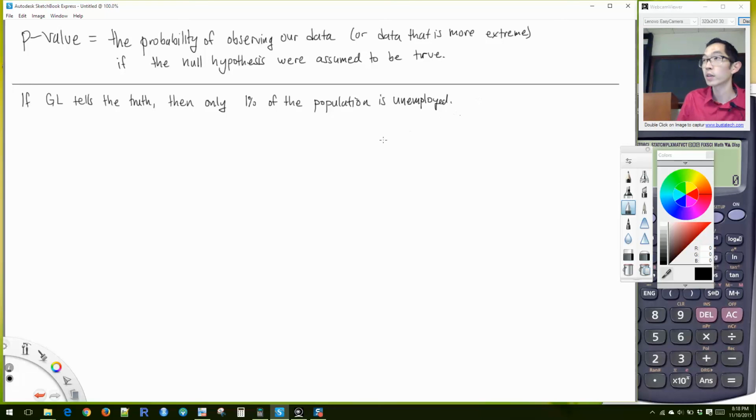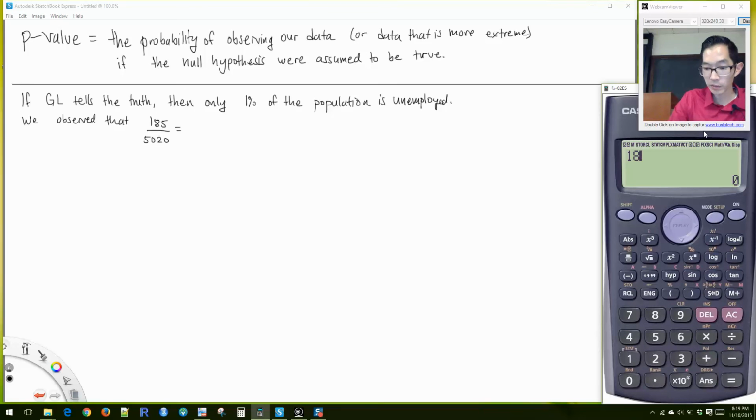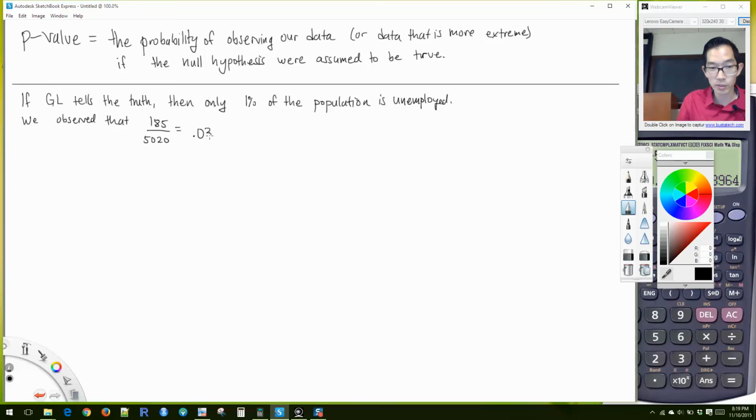We observed that 185 out of 5,020, so 185 divided by 5,020, which is about 0.03685, of the population is unemployed.